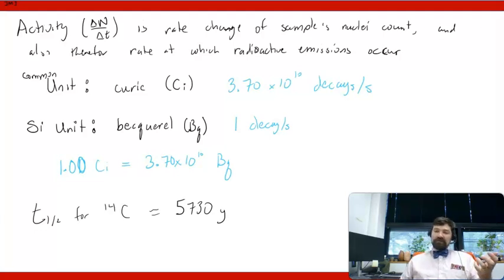So if you have a sample which per gram of carbon has an activity of 1/4 of the current value, 1/4 of that 0.255 becquerel, then the implication is that 2 half-lives have passed for that sample. So that sample would be 2 times this number old, or basically 11,460 years. Okay, so that's how carbon-14 dating works.